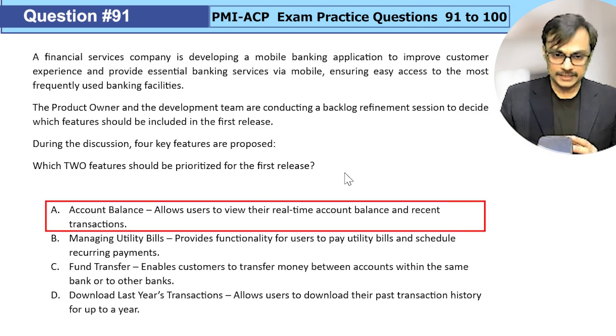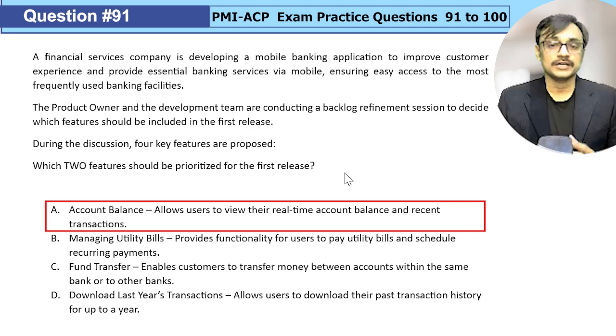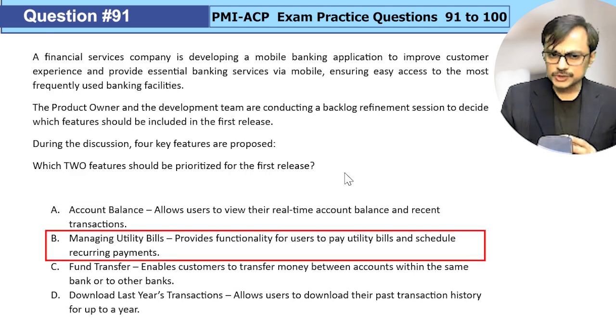Option A, account balance. Allow user to view their real-time account balance and the recent transactions. Seems to be frequently used. Let's see. Managing utility bills. Provide functionality for user to pay utility bills and schedule recurring payment. Not necessarily everybody uses that, but yes, probably a thing, but let's see. Fund transfer.